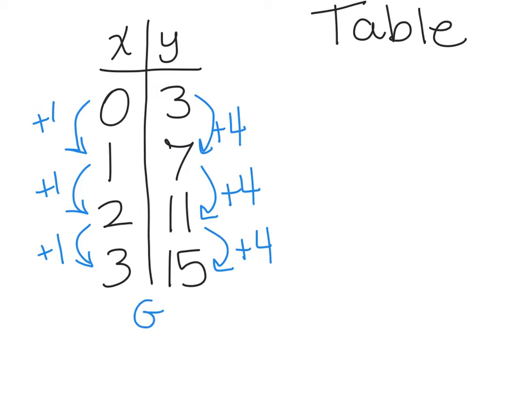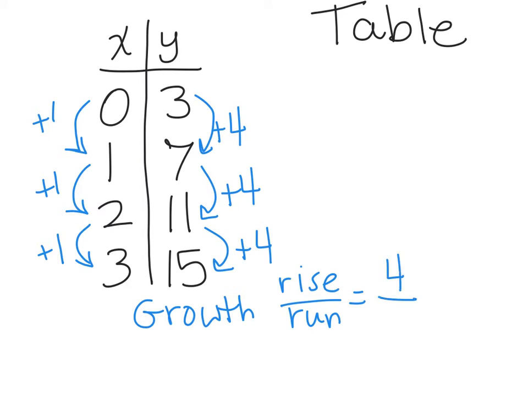So I know my growth, which is a ratio of the rise to the run, is the y change value of 4 to the x change value of 1. So the vertical change to the horizontal change, and that simplifies to 4. So that tells me my m value, the growth, is 4.